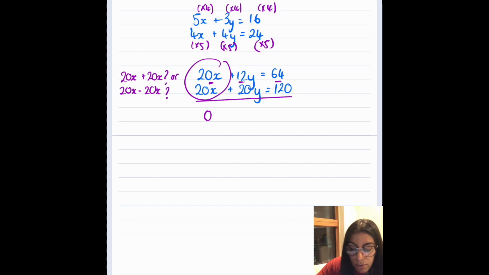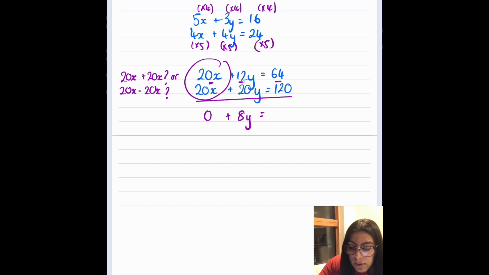For this scenario, because when I'm looking at it, I can see that 12y is smaller than 20y, 64 is smaller than 120. For this equation, I am going to do the bottom equation, so the second equation, subtract the top equation, subtracting the first equation. So in this scenario, I'm now going to do 20y take away 12y, which is going to leave me with positive 8y. I'm going to put in the positive sign.